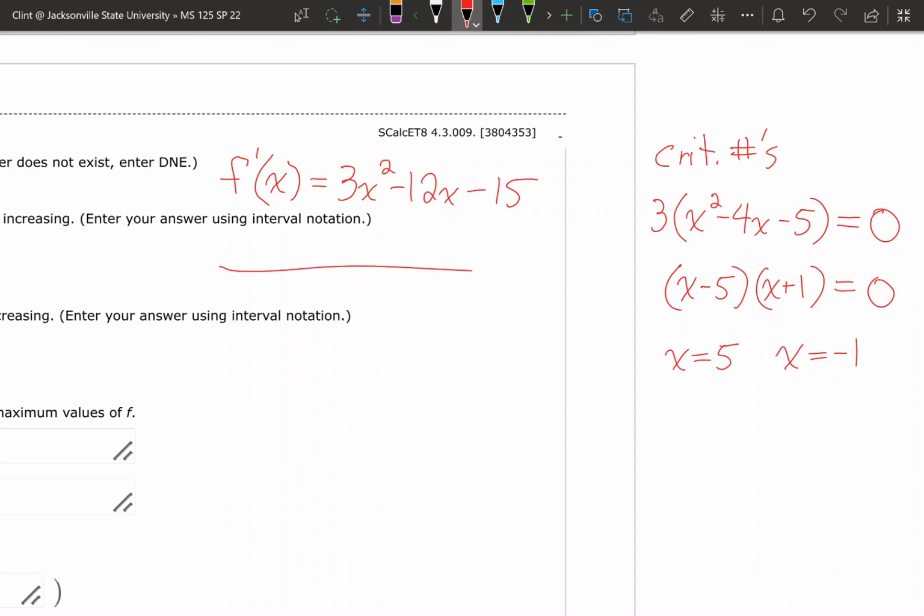Now we can make our little sign chart on the number line. We need something smaller than -1 as a test value. Not on top of my game today. -2 would be a good choice.